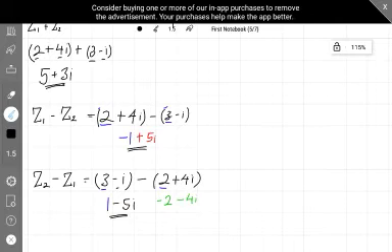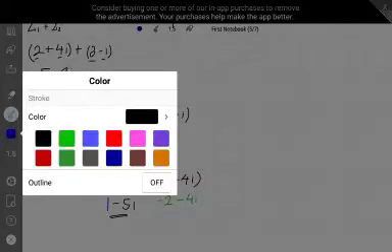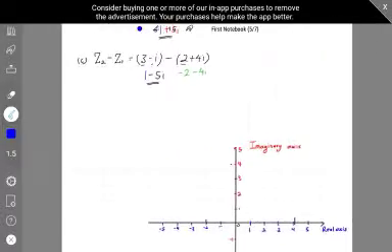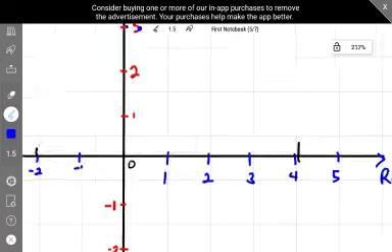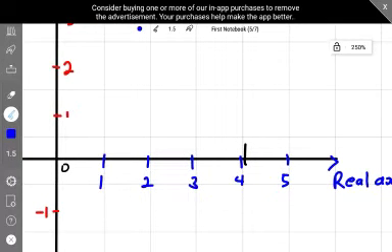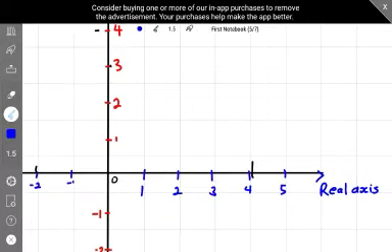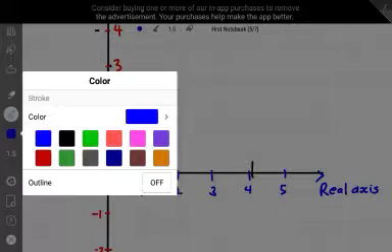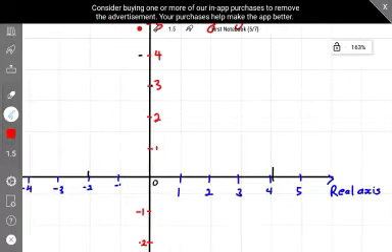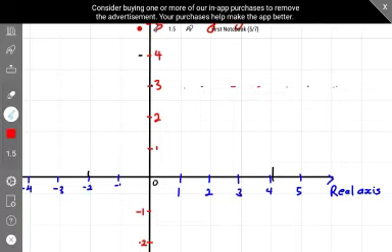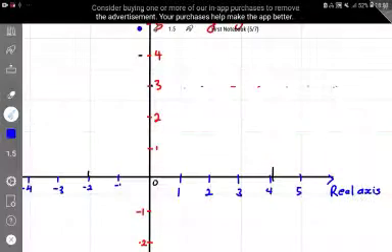Now we have to represent these three answers on the Argand diagram. We have 5 plus 3i. The first thing we do is locate where 5 is on the real axis, which is around here, and on the imaginary axis we have 3i, which is somewhere around here.